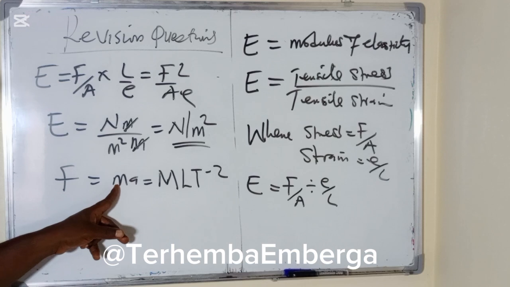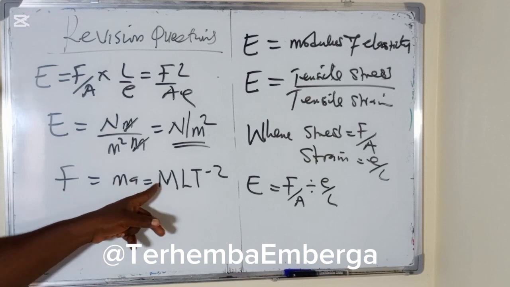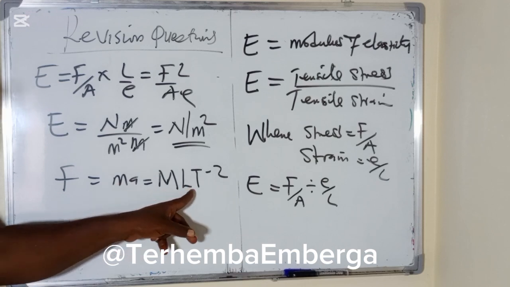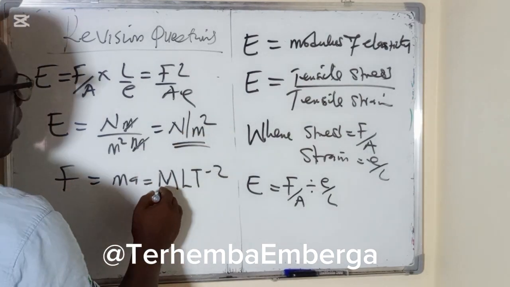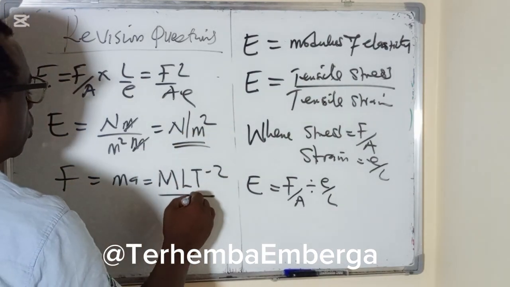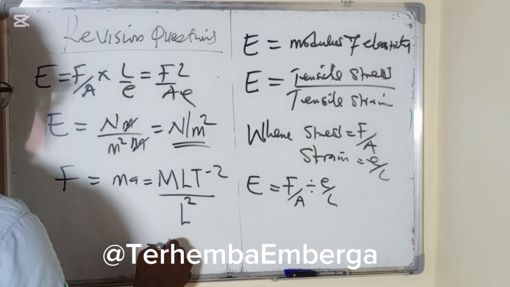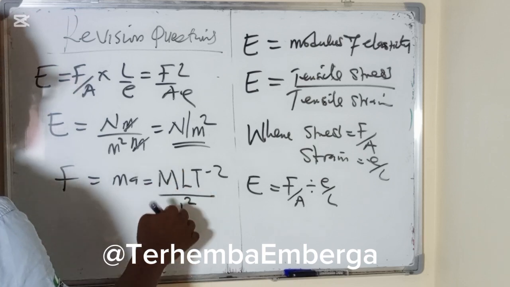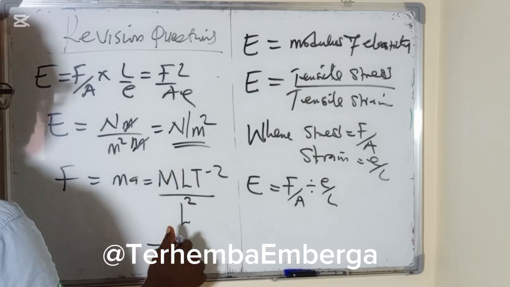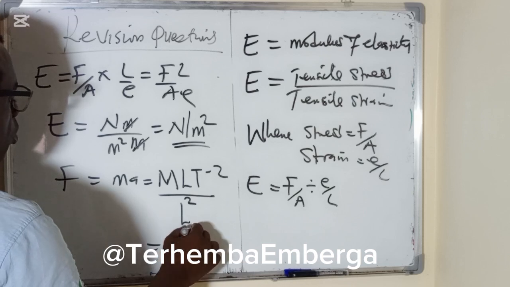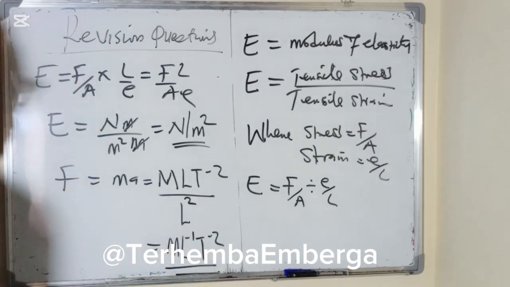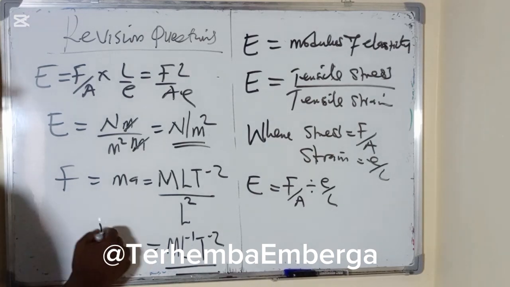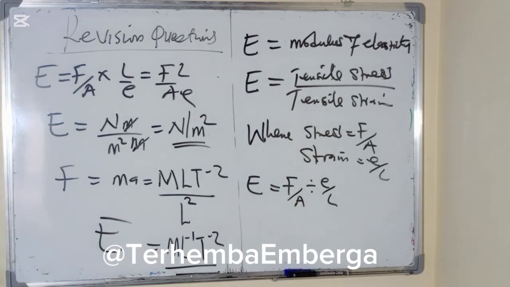This is dimension of mass. The dimension of acceleration is L t raised to power minus 2. Remember, this is divided by L square. So we can now write this as m. One of the L will take care of this. So we now have L raised to power minus 1, t raised to power minus 2. That is the dimension of modulus of elasticity.